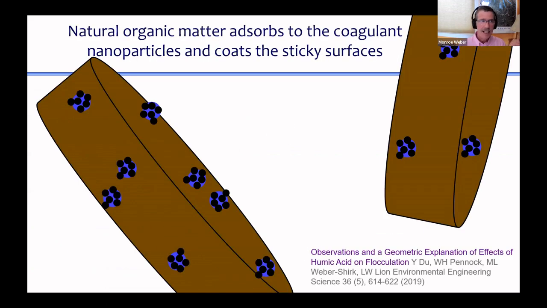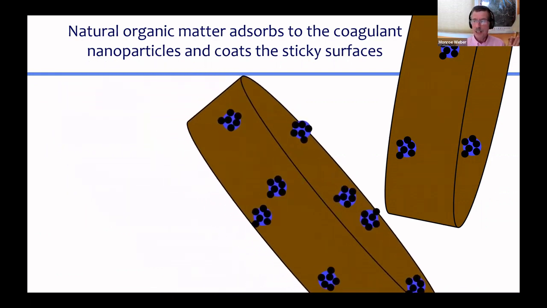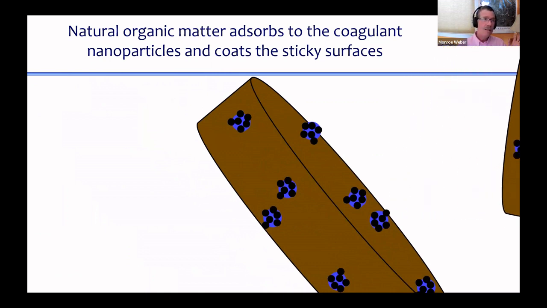And that means that if we take two clay particles coated with coagulant nanoparticles, and the coagulant nanoparticles are coated with dissolved organic matter, now when we bring those two together, even though we might have hit where there was a coagulant nanoparticle, it still doesn't stick because the coagulant nanoparticle was covered with dissolved organic matter.